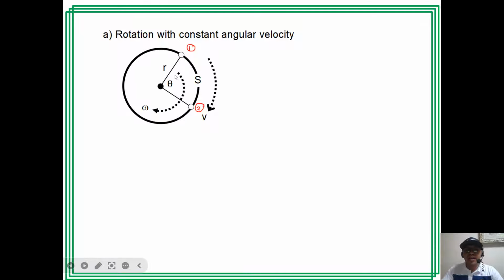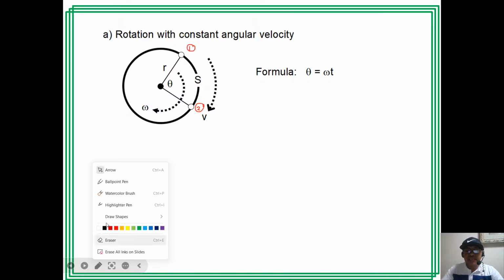Then we have the angle turned through, the angular distance theta, and the distance r of the point considered from the center of the circular path. So our formula is theta equals omega times t.